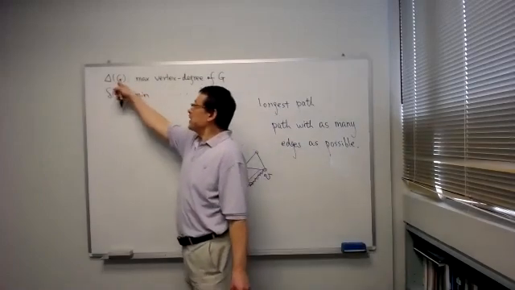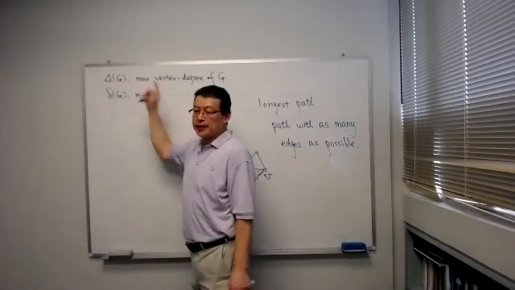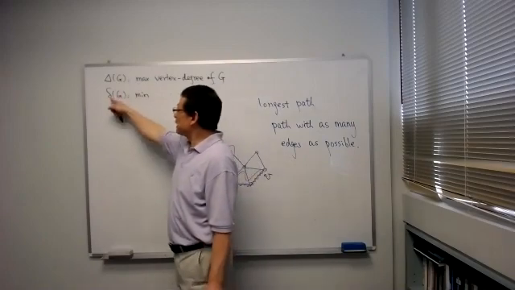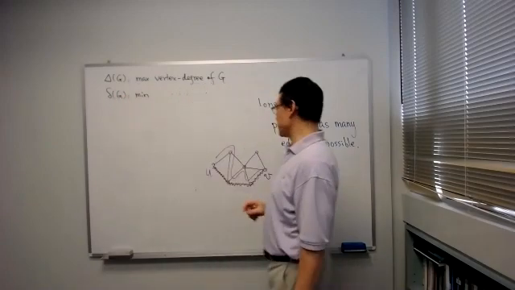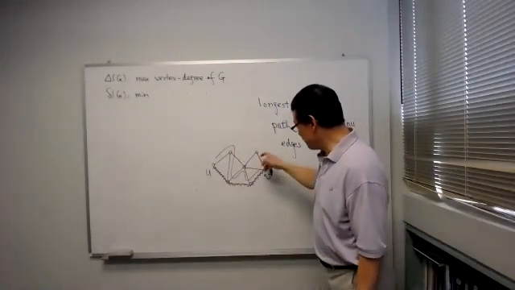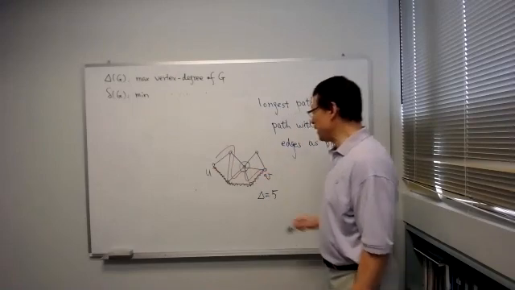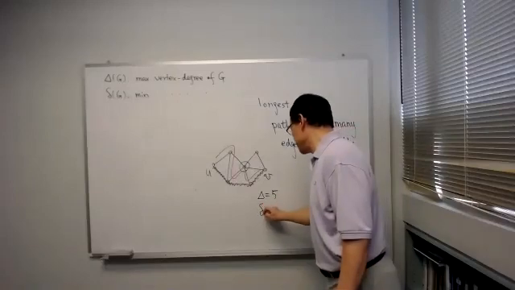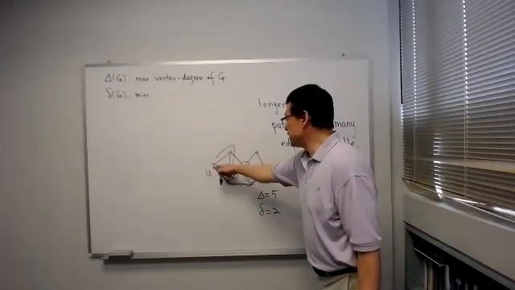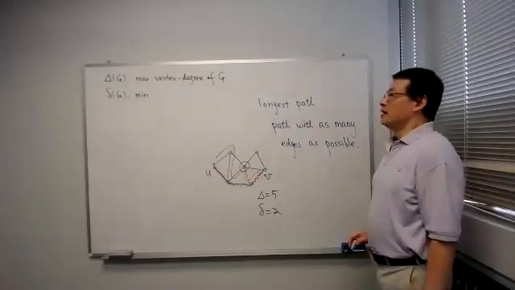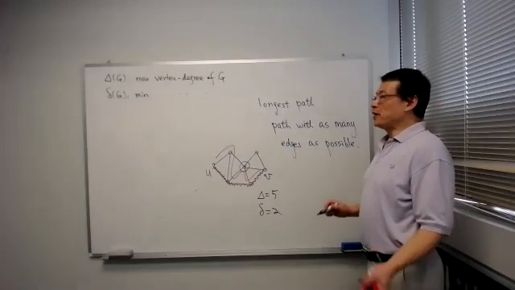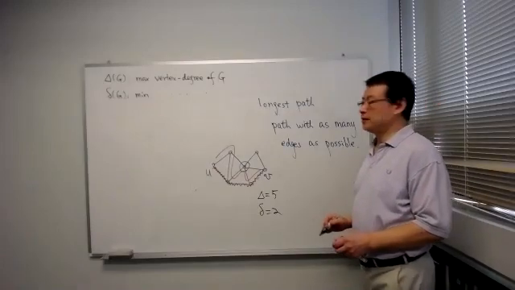Typically, we use delta of G to denote the maximum vertex degree, and small delta of G to denote the minimum vertex degree. So for this graph, I think the maximum one is 5. So this one has the largest degree. Minimum is 2. This vertex has degree 2. All right. So here I will give you a small theorem.